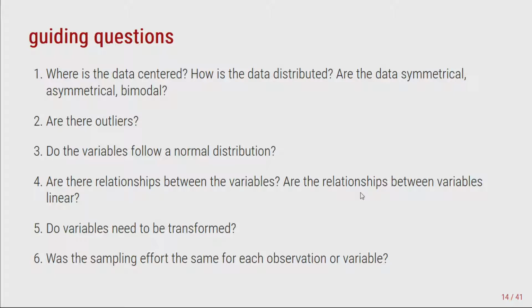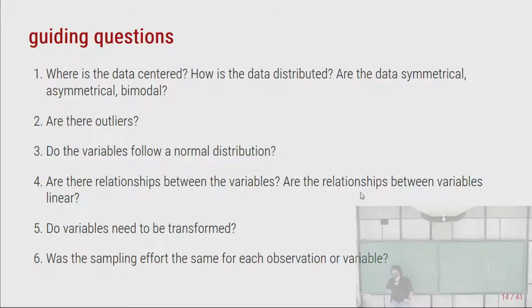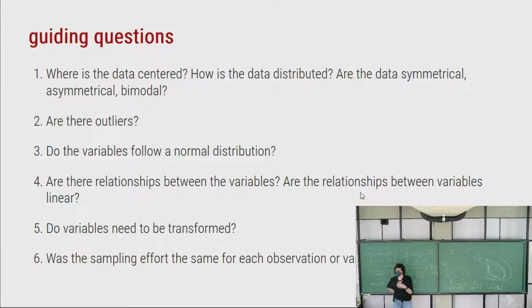For instance, you can deal with that with mixed models, and you would have a random factor describing each treatment, and that way you can assume that you don't have the same number for each treatment. That's one way of dealing with that.